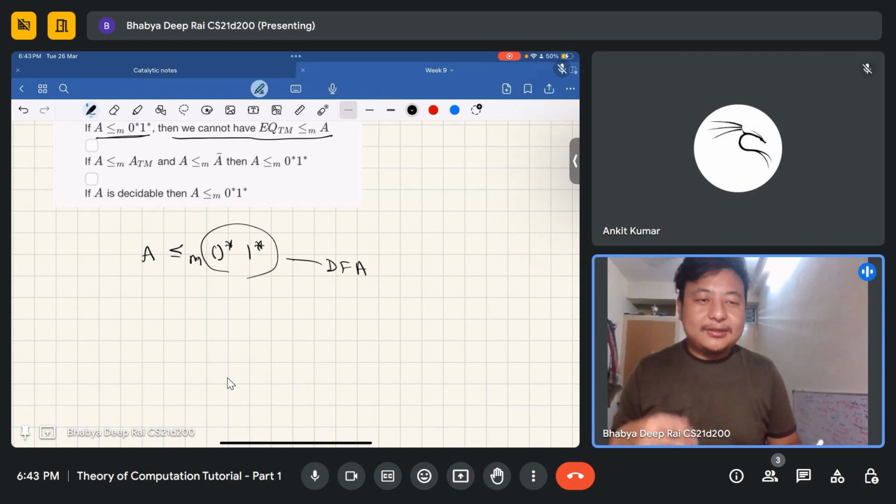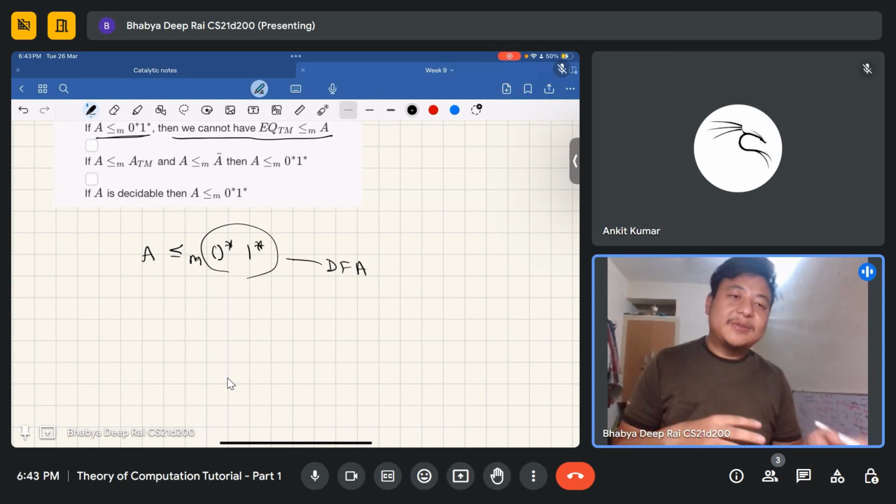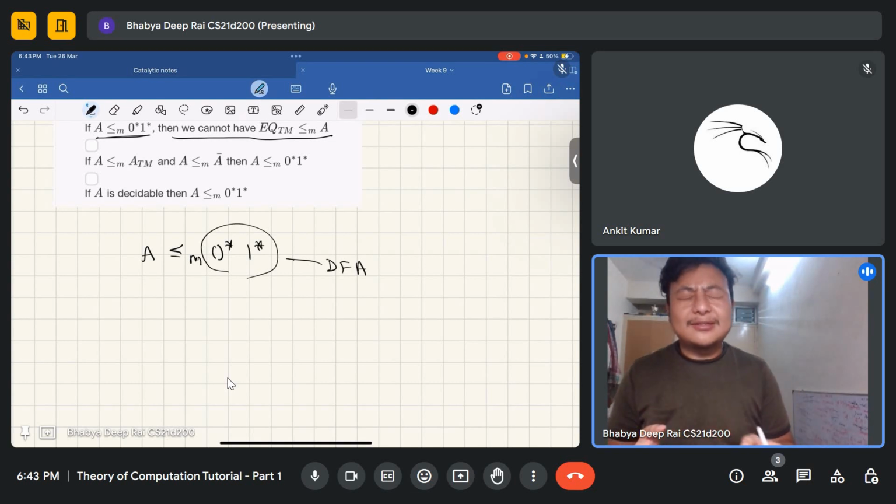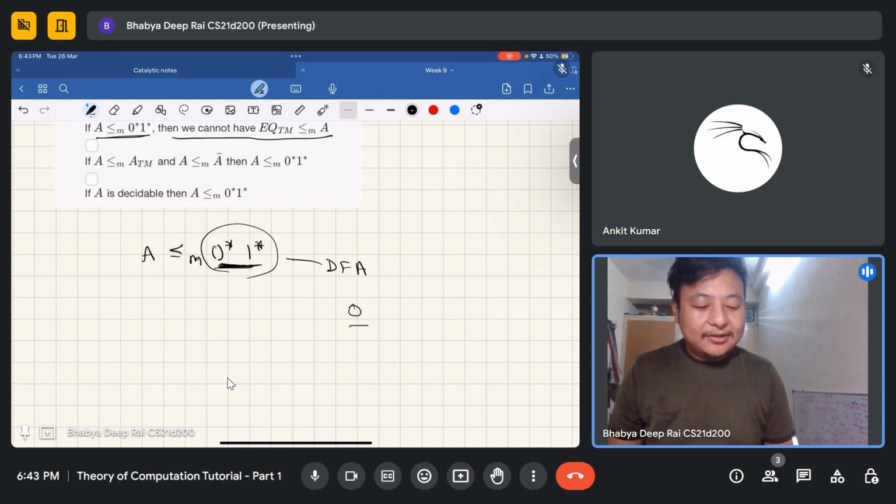Another way to look at it is total Turing machines can always be viewed as algorithms. You can always make an algorithm that checks whether a given string is of this form. It's very simple. You just keep scanning the string from left to right, as in a C or C++ program.